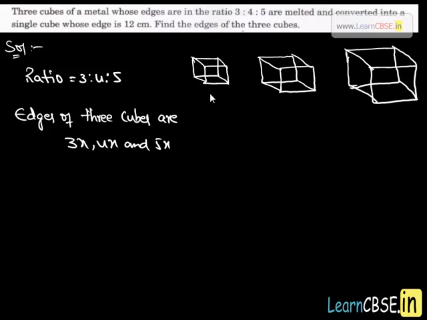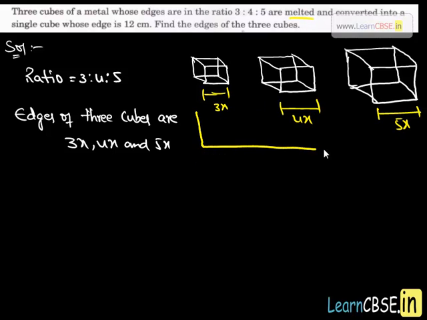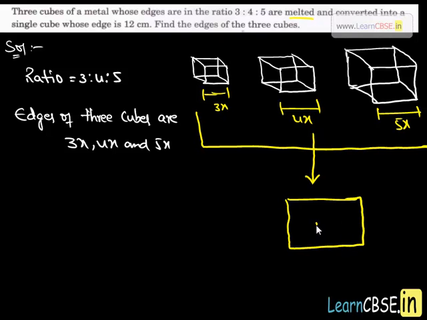Here we have edges 3x, similarly edges 4x, and here we have edges 5x. And it is also given these 3 are melted to form a single cube. That means the volume remains constant, and we are given a condition that the edge of this single cube is 12 centimeters.